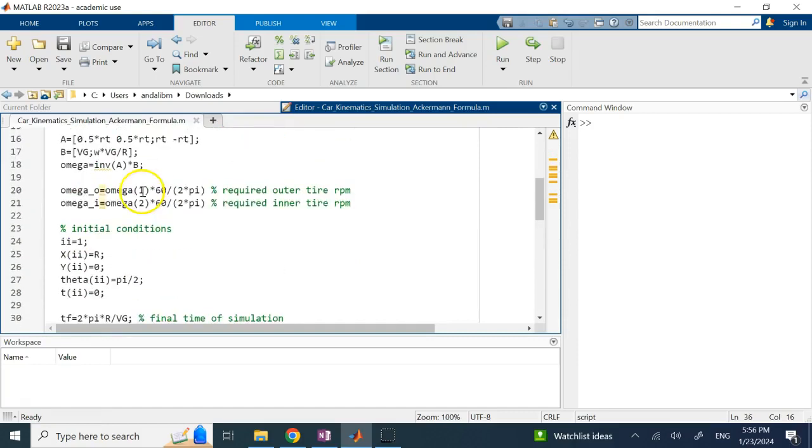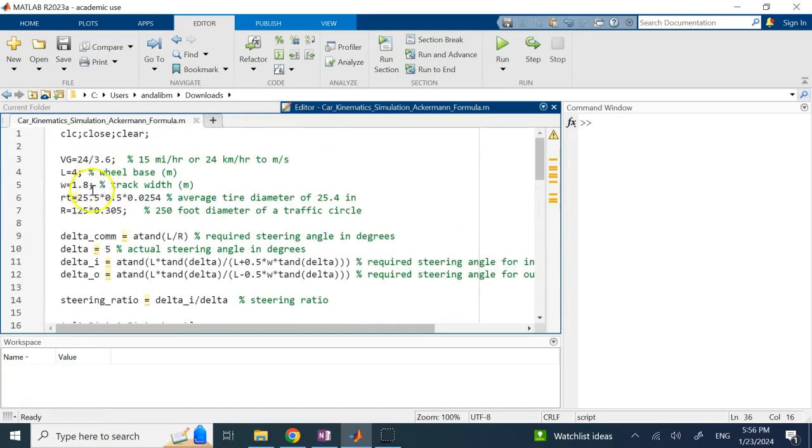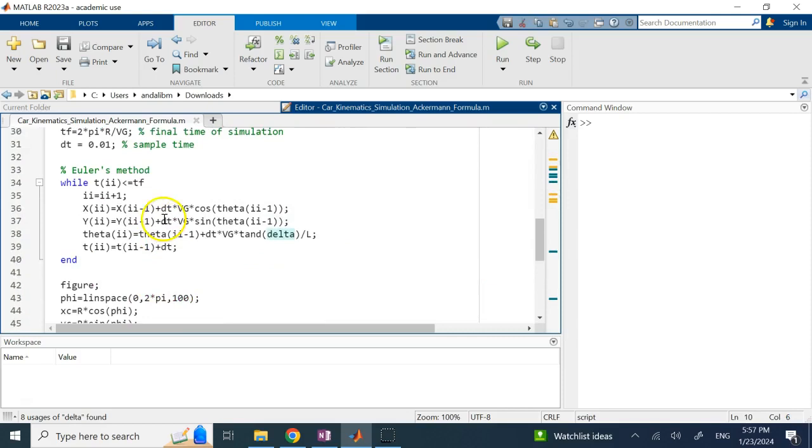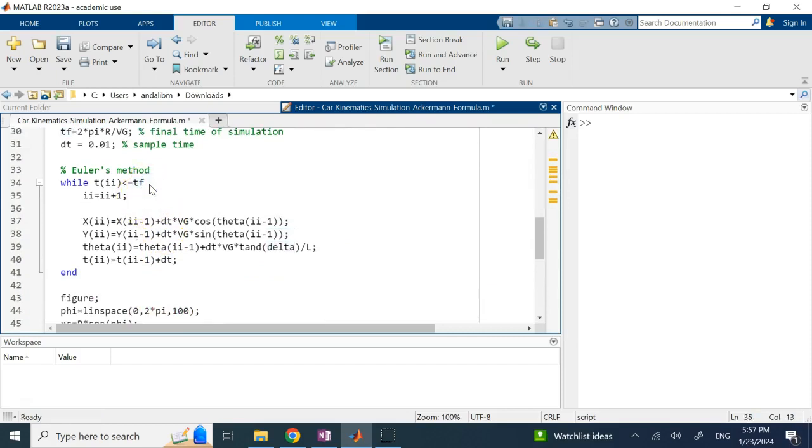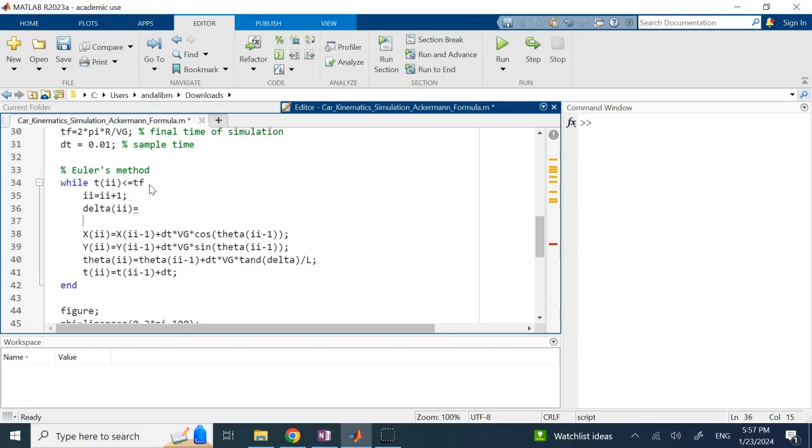So if you want, instead of a fixed VG and a fixed delta, you can come to this code here and say, hey, delta equals something, whatever it is, and VG equals something else.